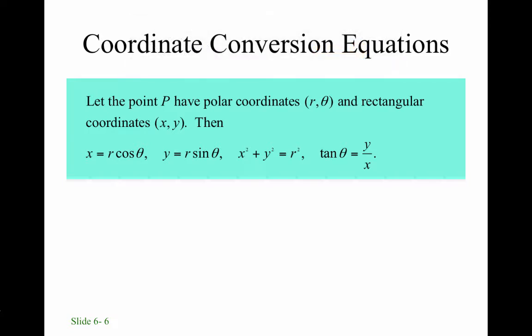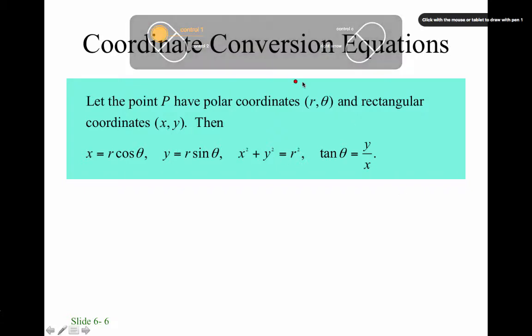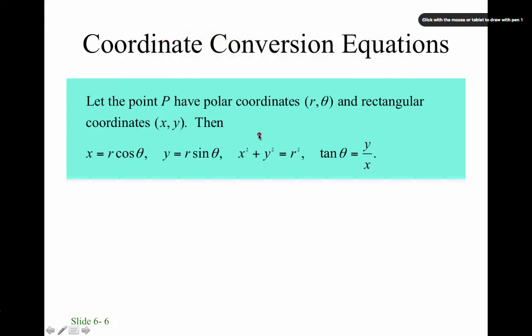Okay, this is going to be the big one. Since we know that x squared plus y squared equals r squared, this is the equation of a circle. That's why we do this lesson after the conic sections. This is my circle centered at 0, 0. x squared plus y squared equals r squared. And we also have to remember the idea that the x-coordinate was the cosine and the y-coordinate was the sine.